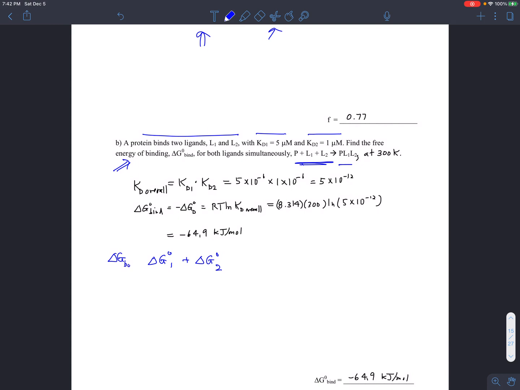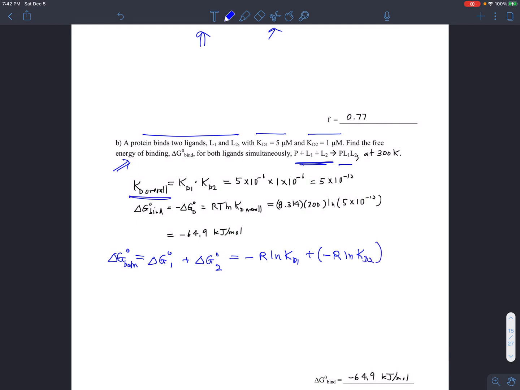Delta G for both is just the sum of the delta G's for each one, since they're independent. There is no cooperativity. And we could say minus R log KD1 plus minus R log KD2, and that would work. But I did it a different way.